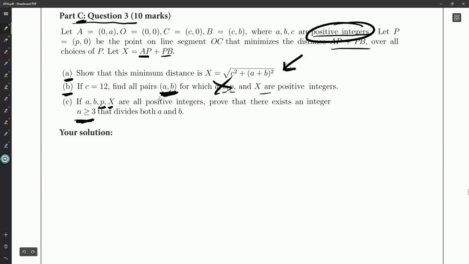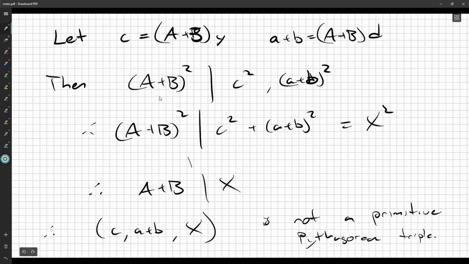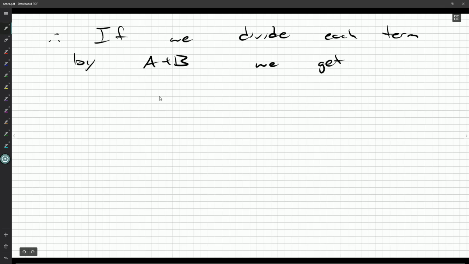We want to prove there's something that divides both A and B. So, therefore, if we divide each term by capital A plus capital B, we get another Pythagorean triple. It won't necessarily be primitive, but another Pythagorean triple.